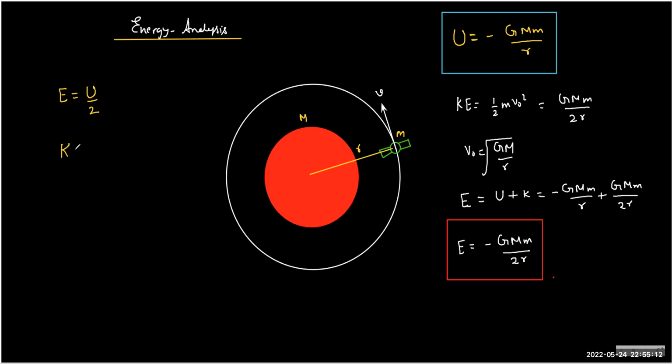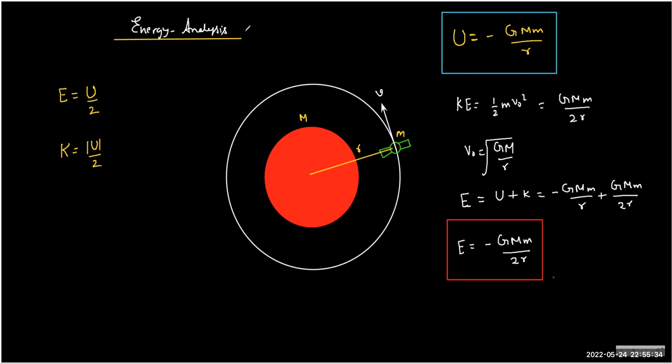Also, the kinetic energy is exactly the mod of U by 2, which means potential is a really powerful method to get all types of energy. No need to solve every value separately, and therefore one should know only the potential in solving questions.